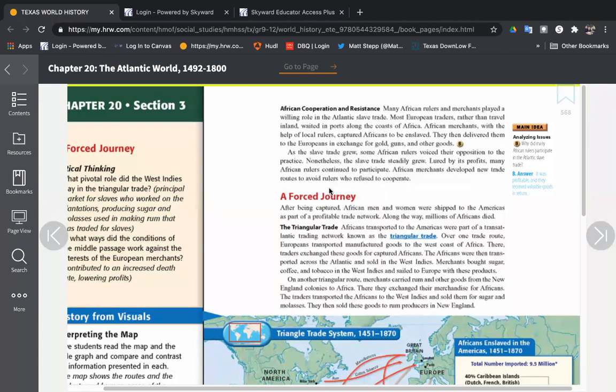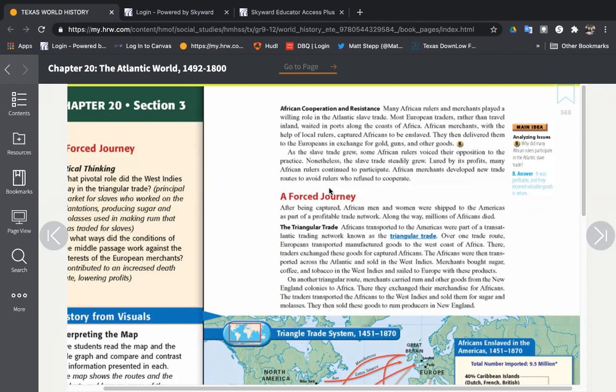Then they would travel over to the West Indies, to the Americas, and they would trade those humans for money, or trade those humans directly for sugarcane, for cash crops, for things that were going to be taken back to Europe to start the cycle all over again.